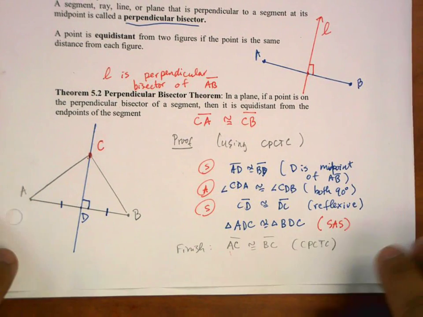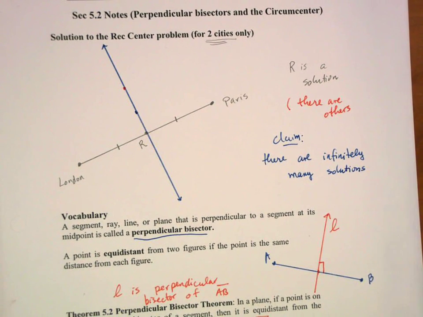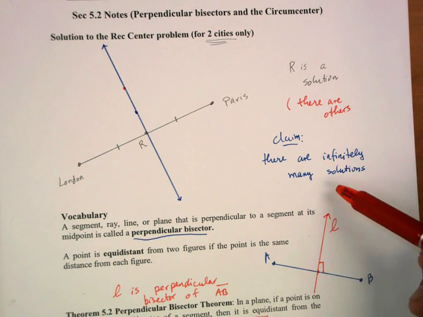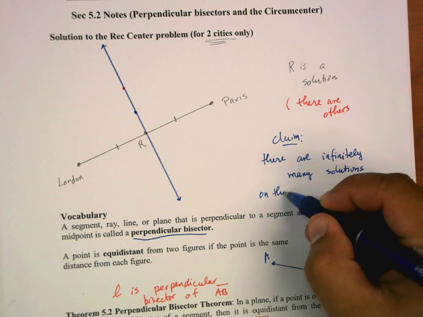Now let's just backtrack a little bit to this problem, the solution to the rec center for two cities. Well, there are infinitely many solutions, and I should say on the blue line.